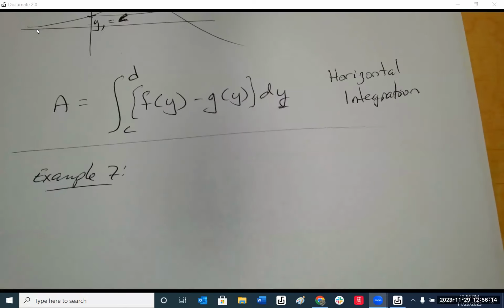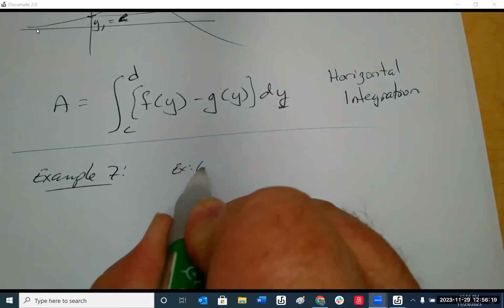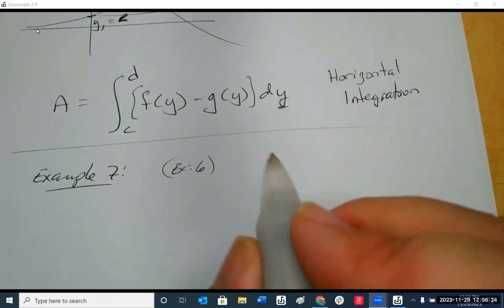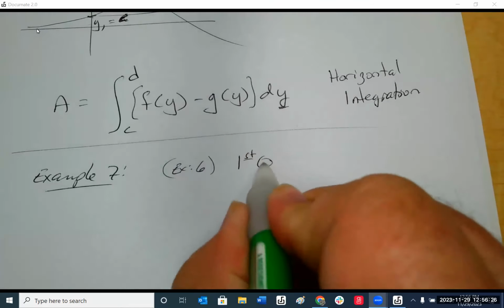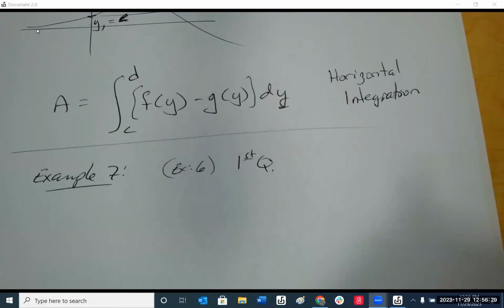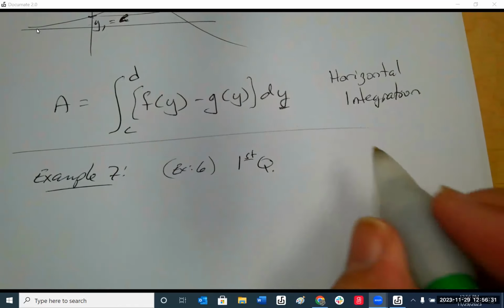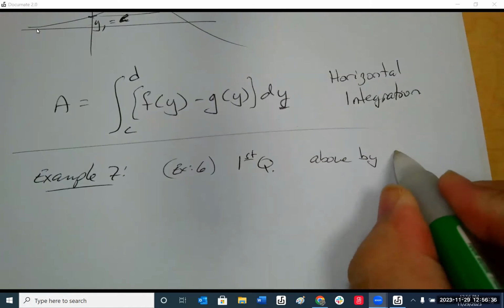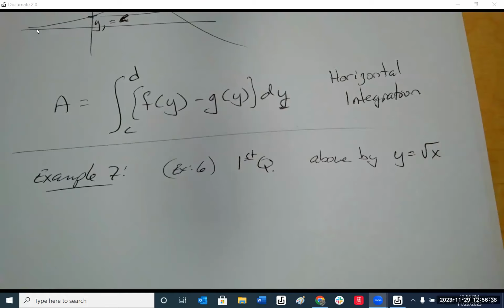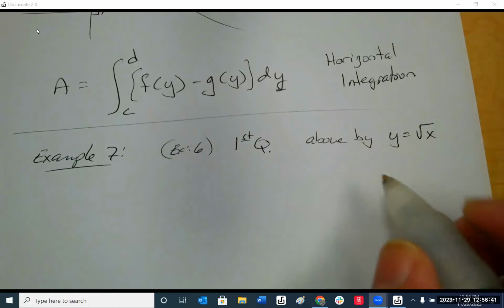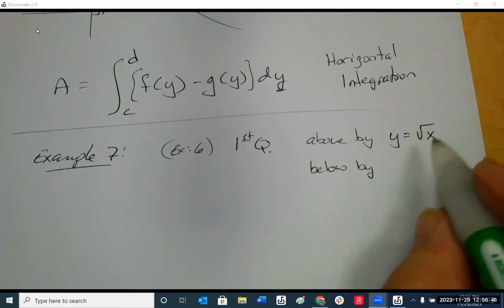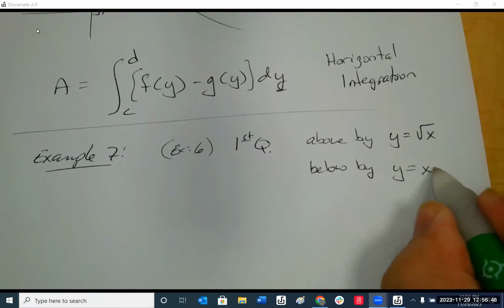It says, find the area of the region used in example 6. Example 6 gave us these. Find the area of the region in the first quadrant bounded above by y equals radical x and below by y equals x minus 2.